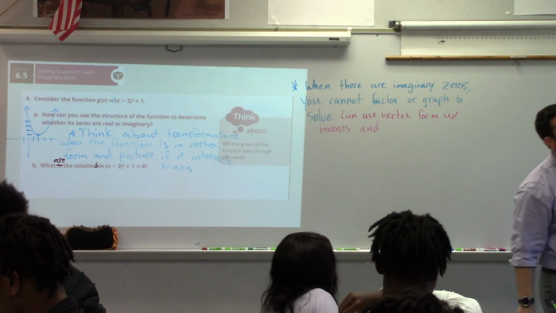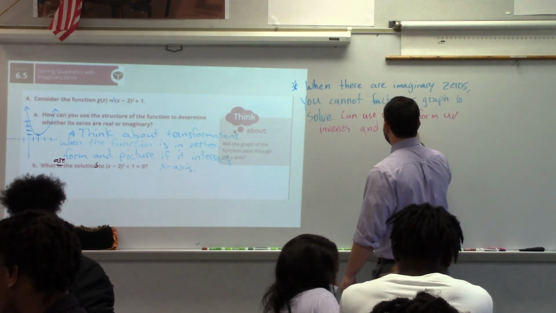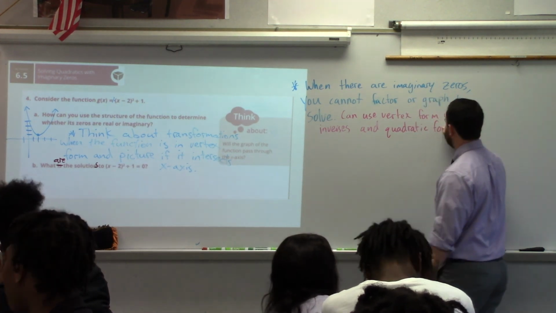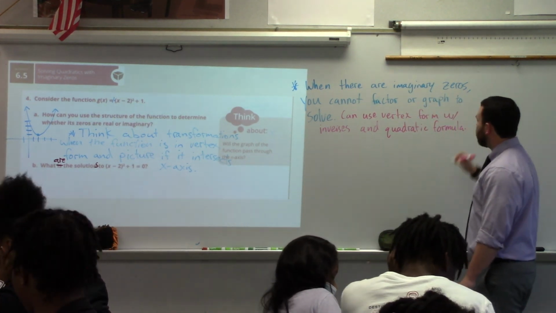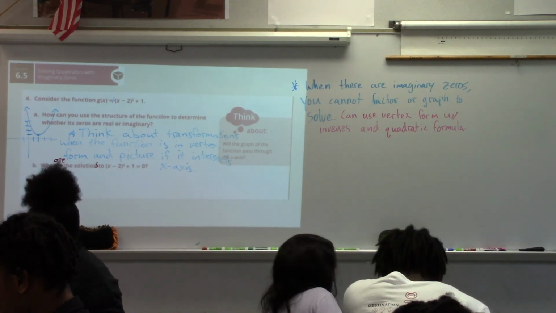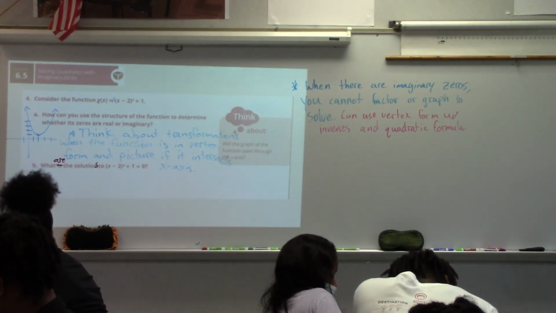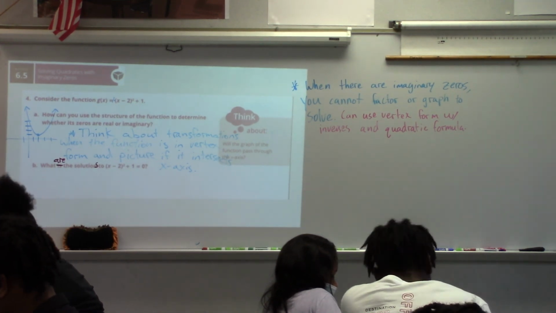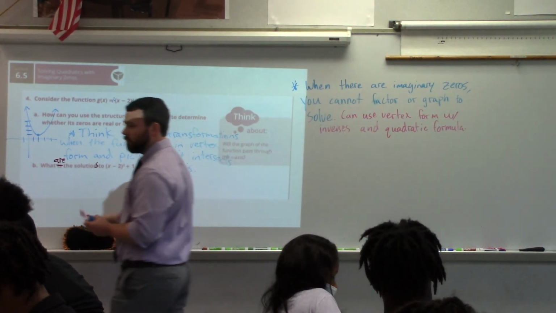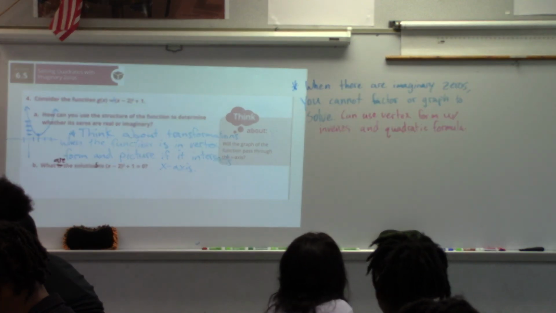Oh, the quadratic formula! This is important to notice. The only way to solve quadratic equations with those complex or imaginary zeros is to use inverses or the quadratic formula. Now, because I already have vertex form, I'm using inverses.